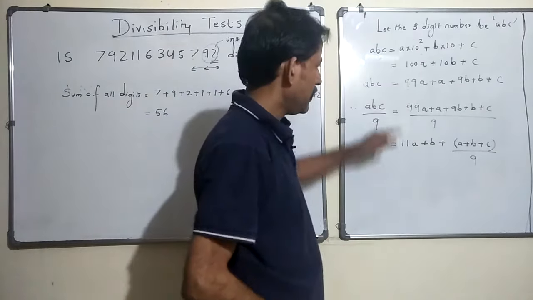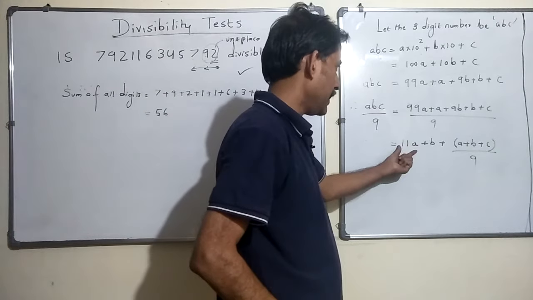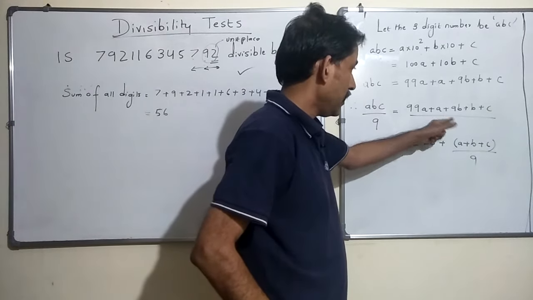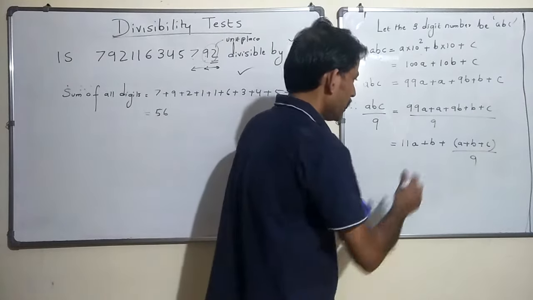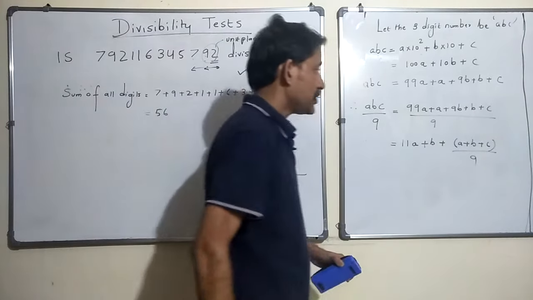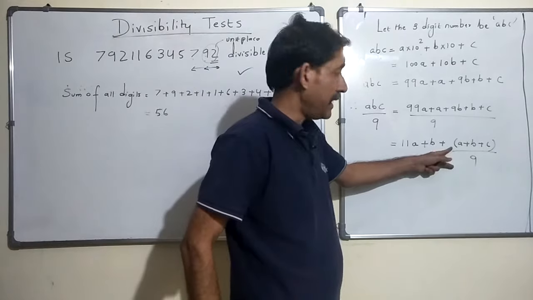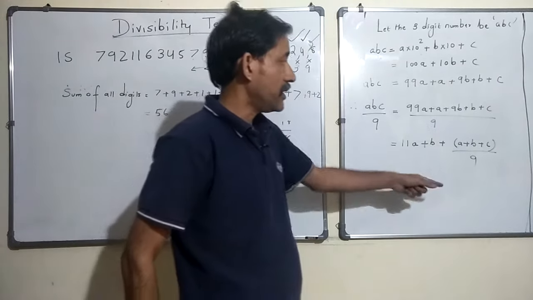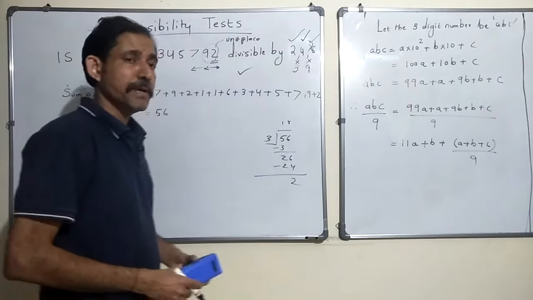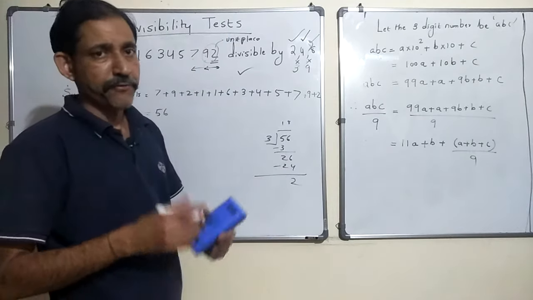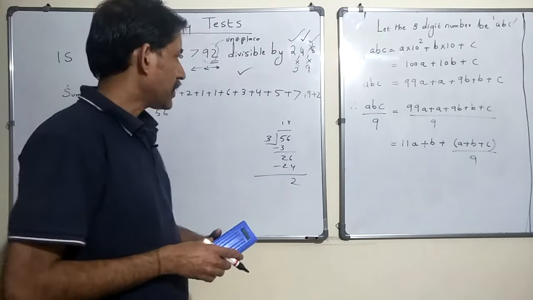Is that right? 99a by 9 is 11a, a I just take here, 9b by 9 is 1b. So essentially what is this? It is adding all the digits of the number, and if that is divisible by 9, the entire number is divisible by 9. The same thing you can try for 3 as well.